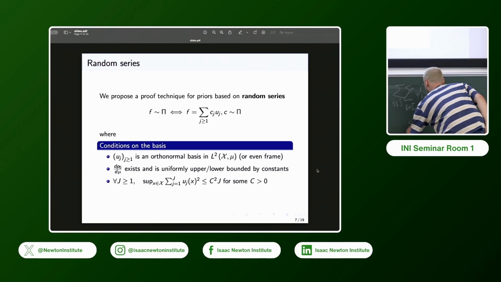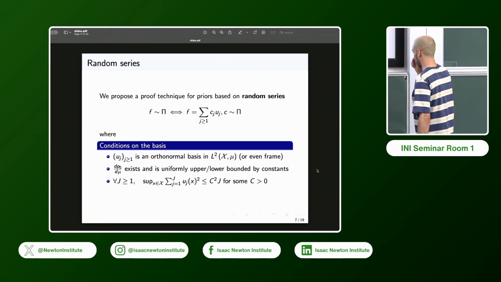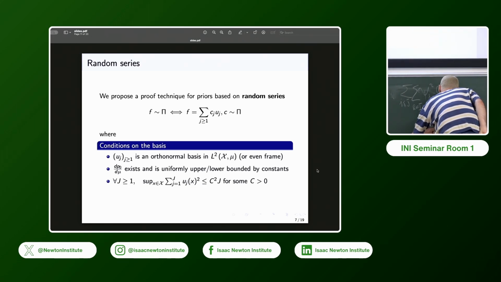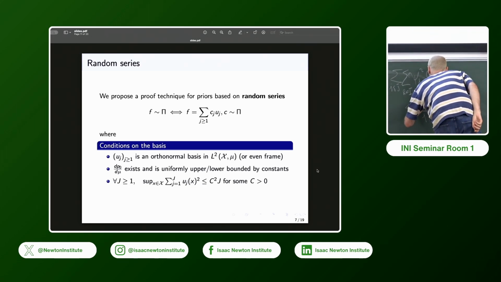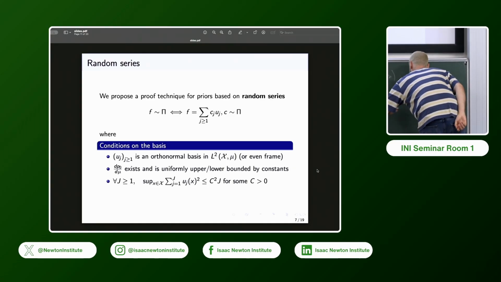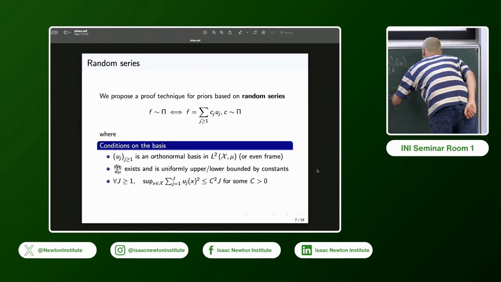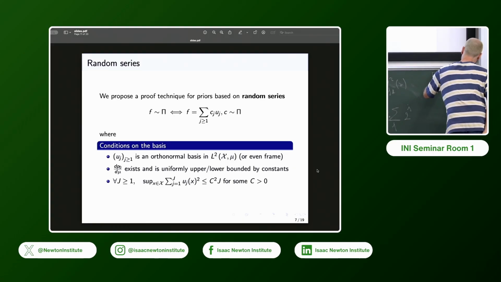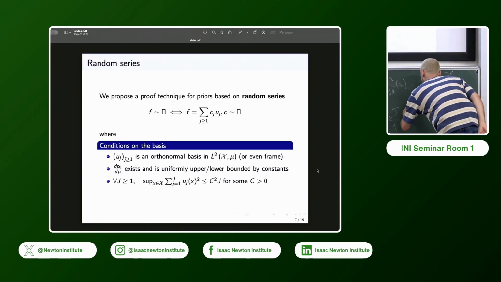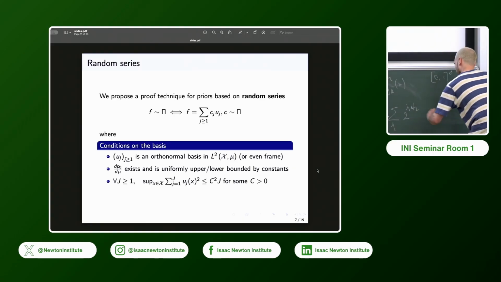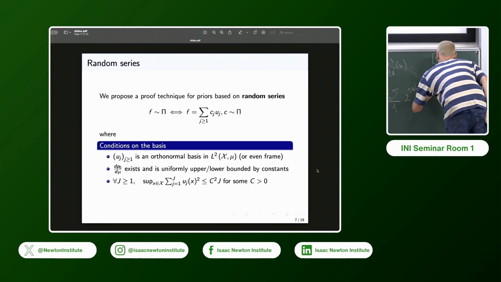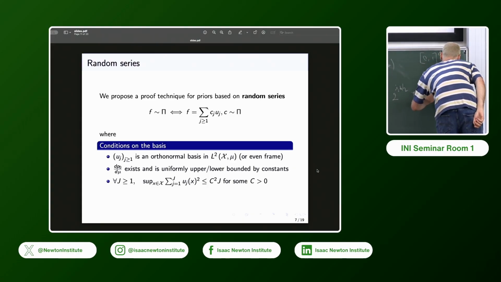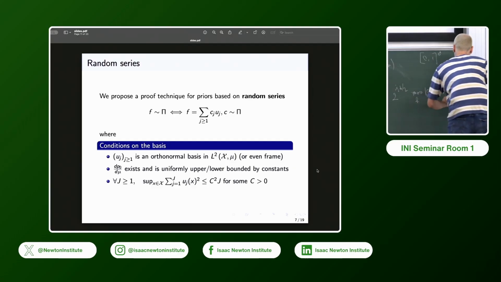Then by standard localization arguments for wavelets, this is less than a constant times, let's say you have a basis on [0,1]^d, 2^(jd/2) times the maximum over k of psi_jk of x.